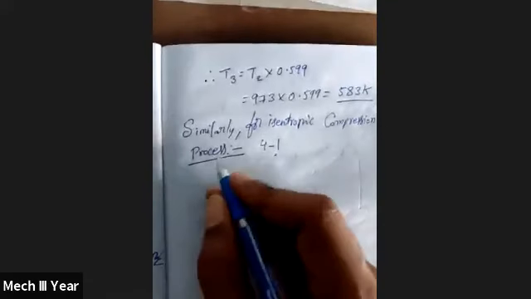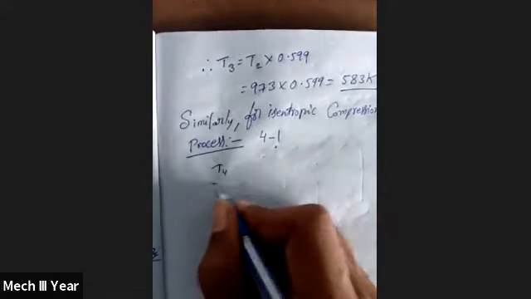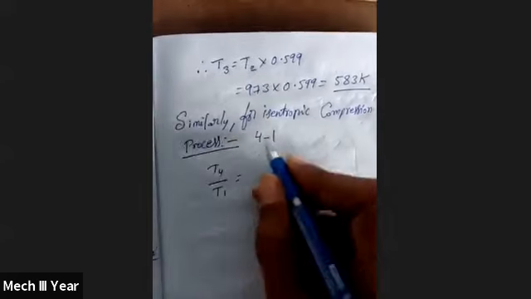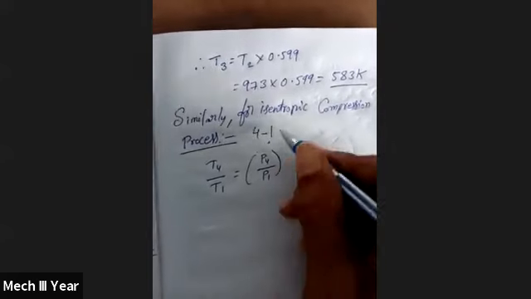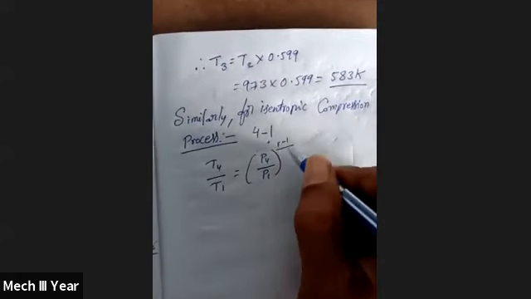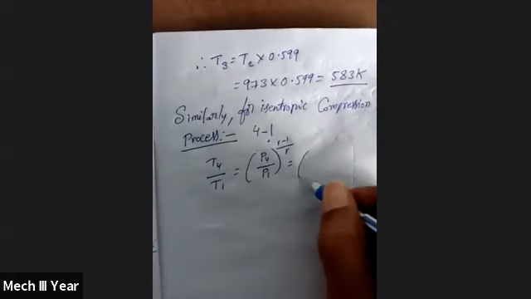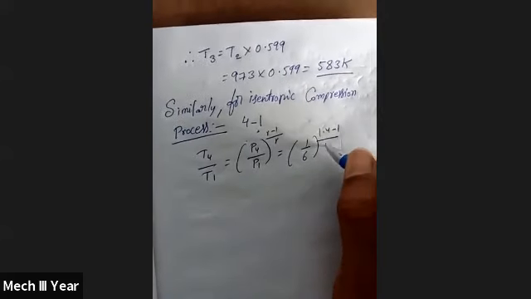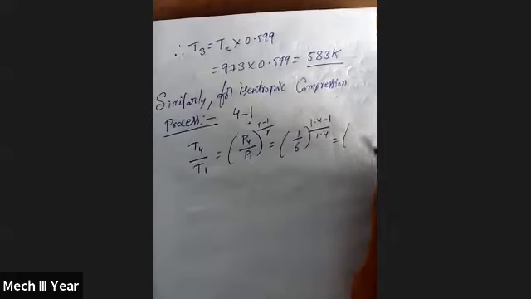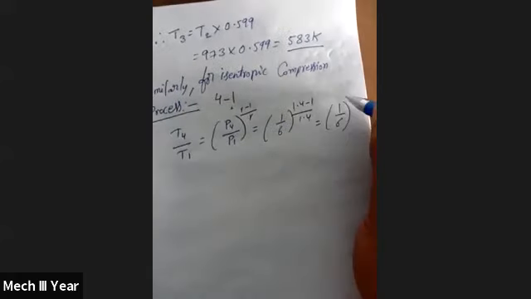So then you can write here T4 by T1 is equal to P4 by P1 whole power gamma minus 1 by gamma. Then 1 by 6, 1.4 minus 1 by 1.4.